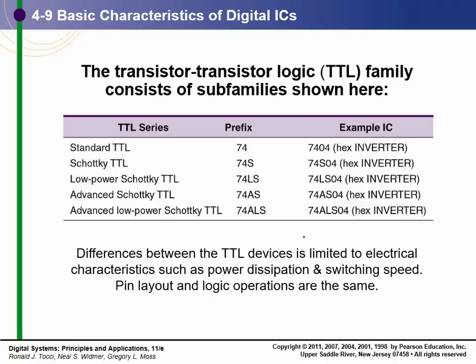But a 74LS04 and a 7404, which are both hex inverters, are pin for pin compatible. You could pop one out and pop right back in the circuit, and it theoretically will work. In reality, it may not work.